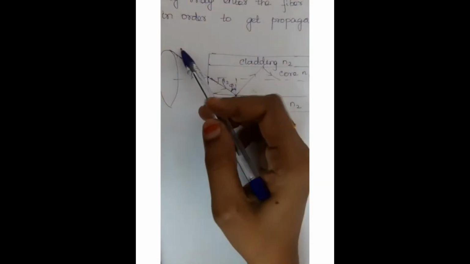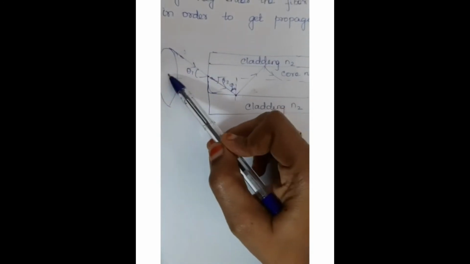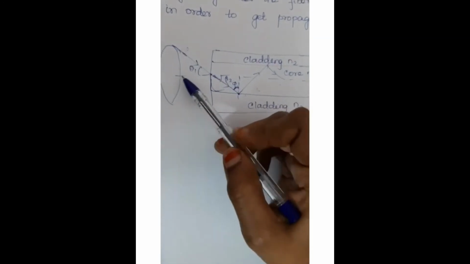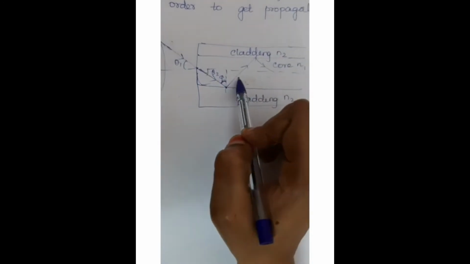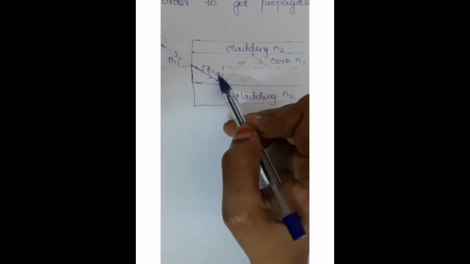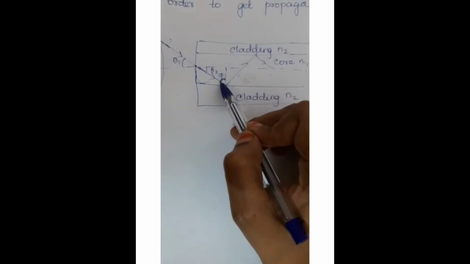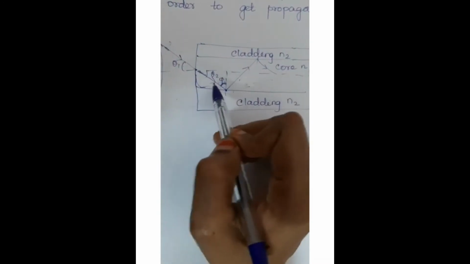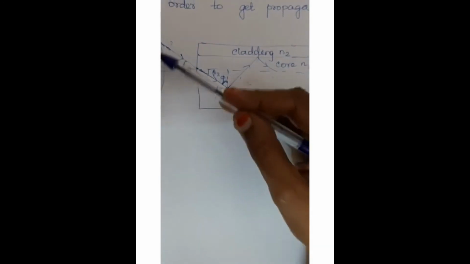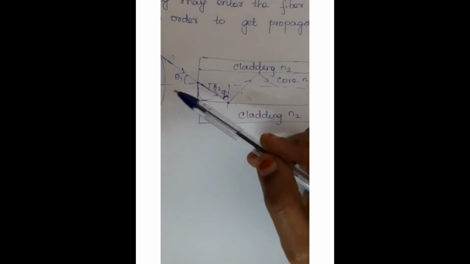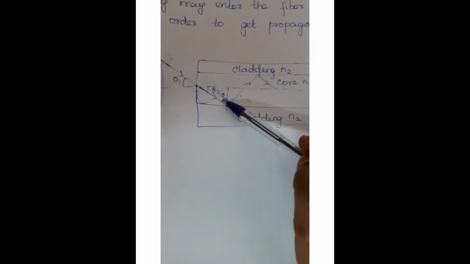So this is the acceptance cone in which the light rays enter the fiber. When the angle phi increases, the light rays enter inside the core. When this angle phi decreases, what happens? The light falls outside the core.